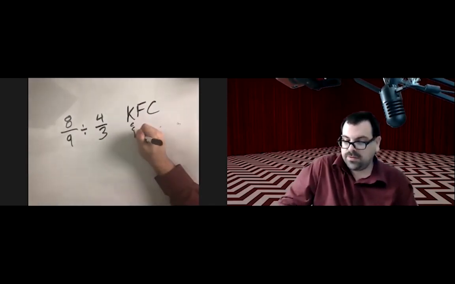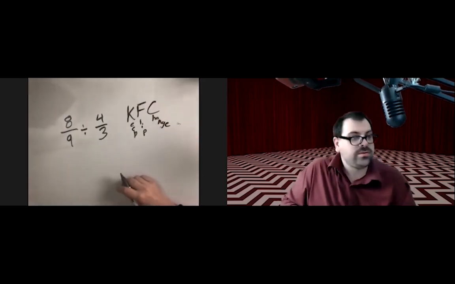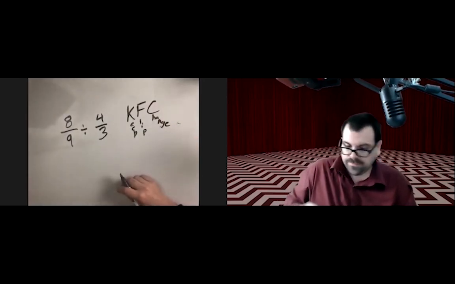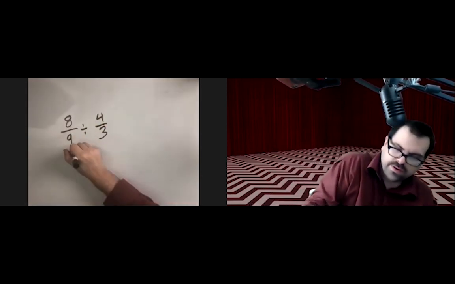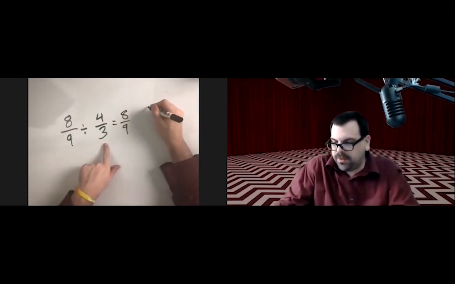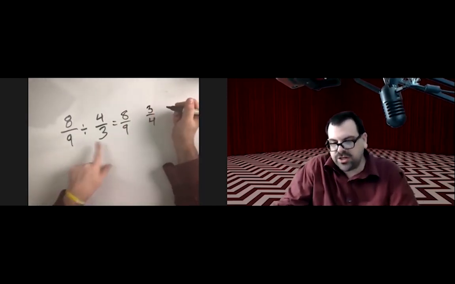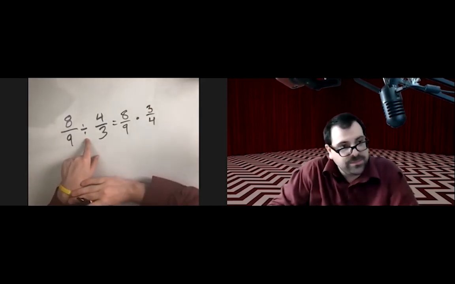Keep, flip, change. What? Keep the first fraction, flip the second fraction, change division to multiplication.